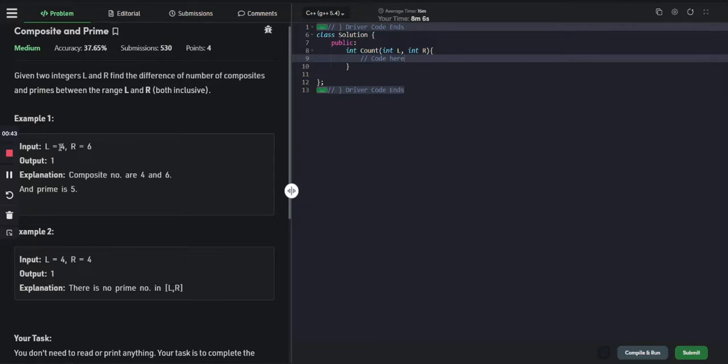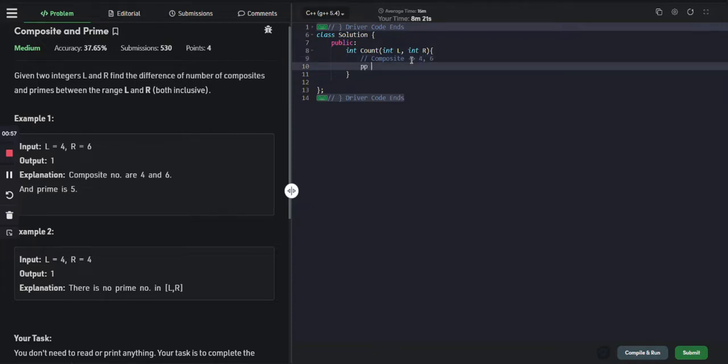For example, in this case, from 4 to 6, the composite numbers will be 4 and 6, and the prime number will be only 5.